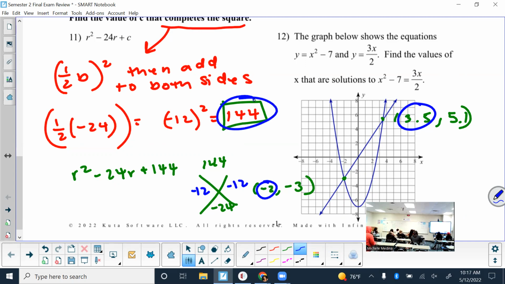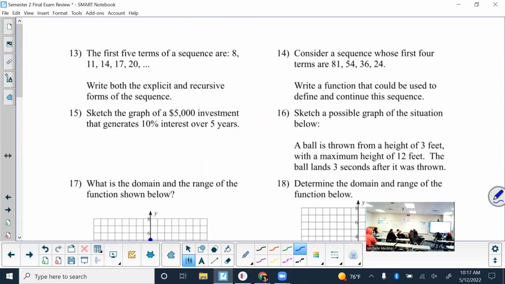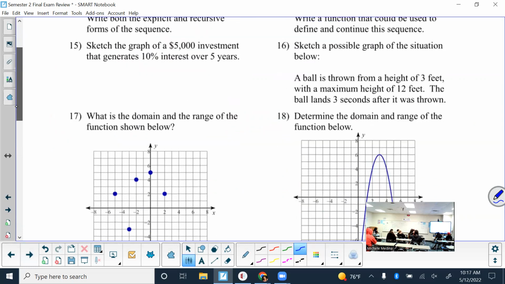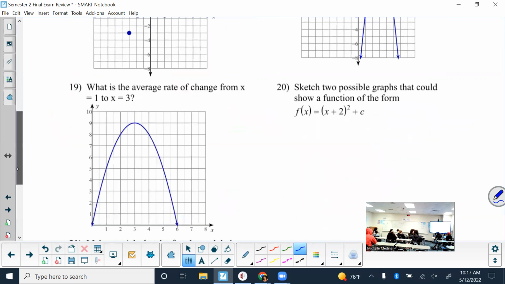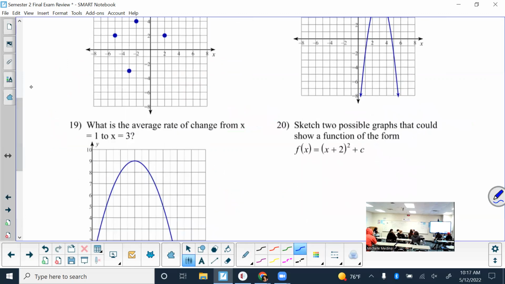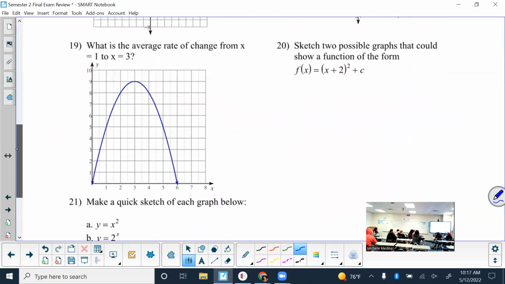All right, which other one? All right, so what is the average rate of change from x equals 1 to x equals 3?